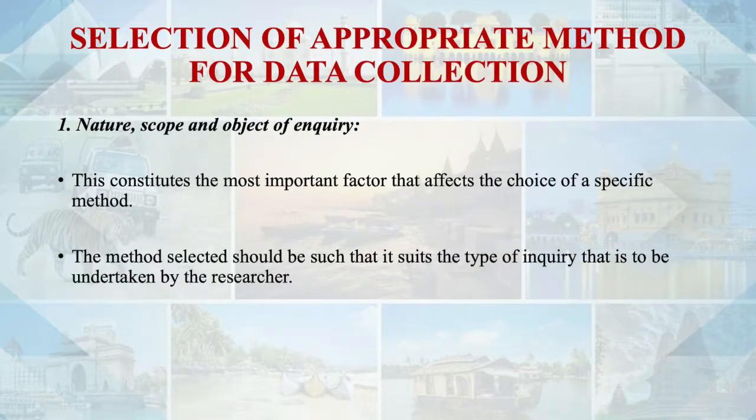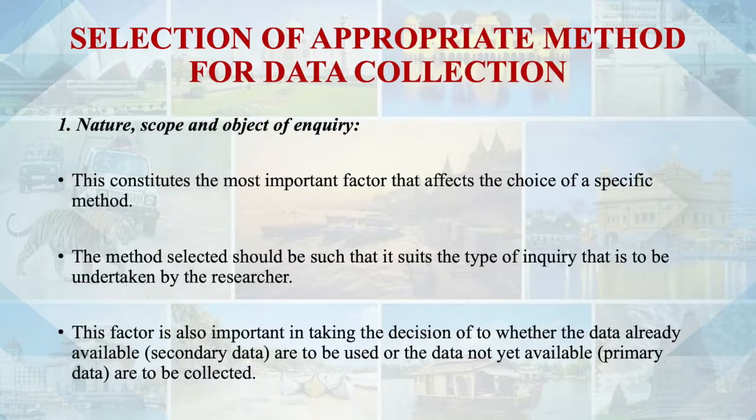The method selected should be such that it suits the type of inquiry to be undertaken by the researcher. This factor is also important in deciding whether the data already available are to be used or data not yet available are to be collected.